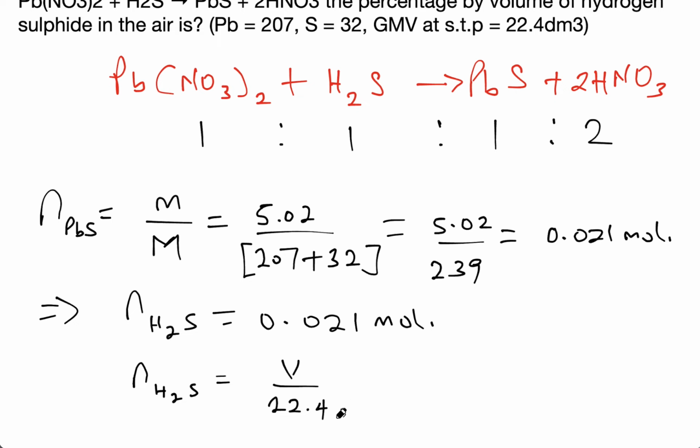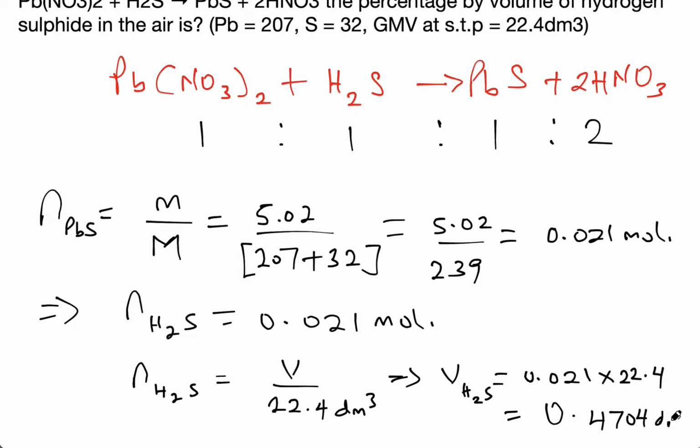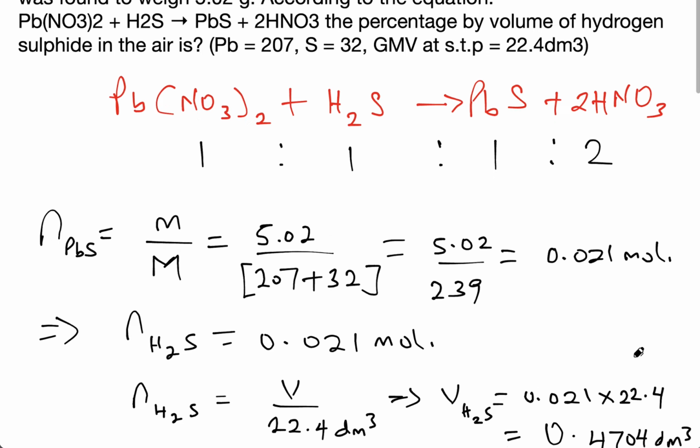This implies that the volume of H2S that reacted will be the number of moles, which is 0.021 times 22.4. Now, if you multiply that, this gives us a total of 0.4704 dm cube. So that's the volume of H2S that reacted.